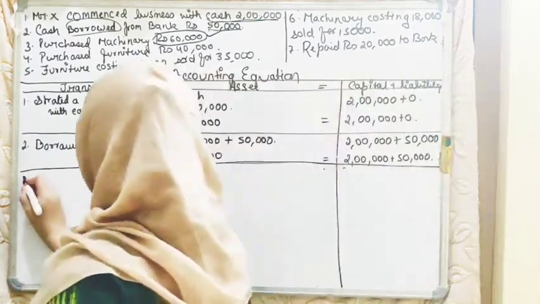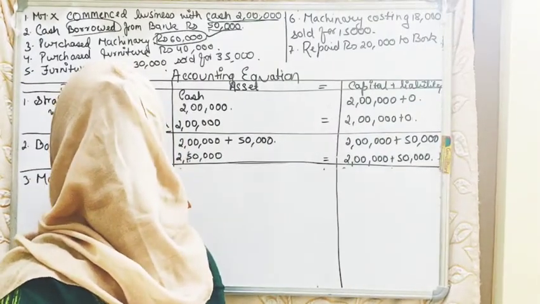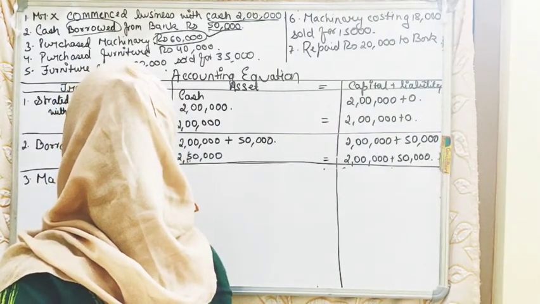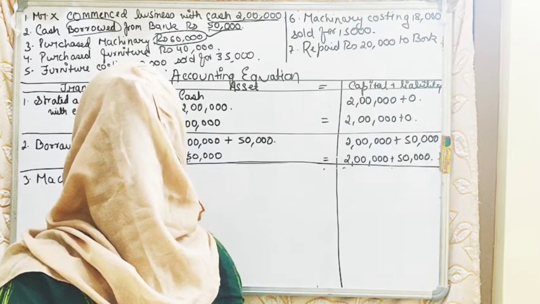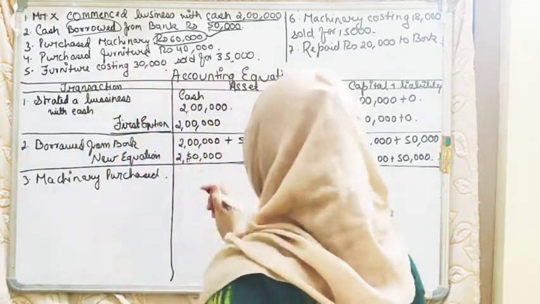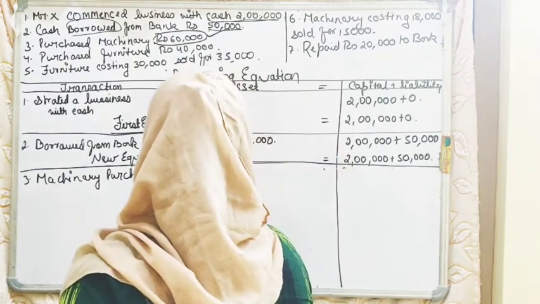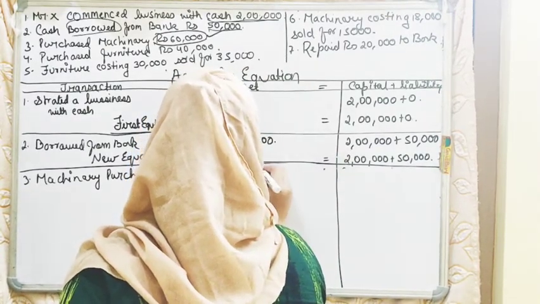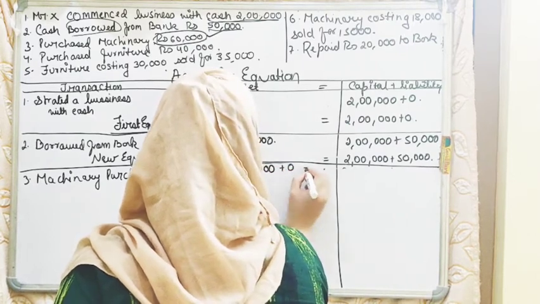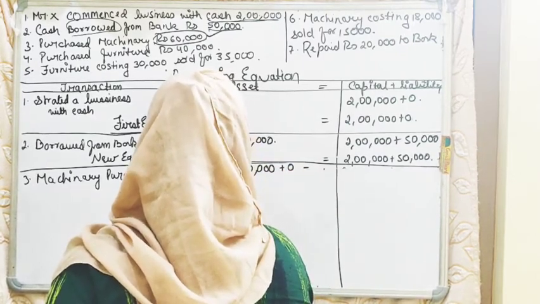So for the third equation we'll write down machinery purchased. We have an amount of 2,50,000 plus 60,000 plus 0 minus 60,000.